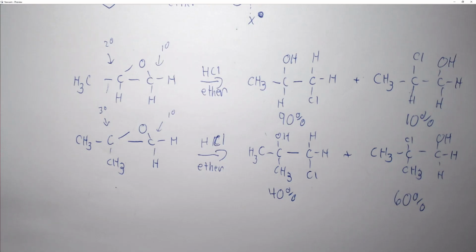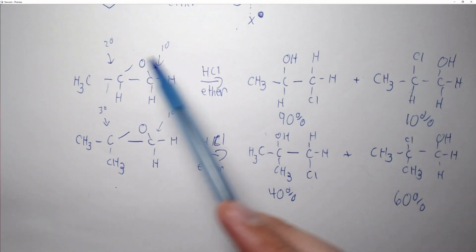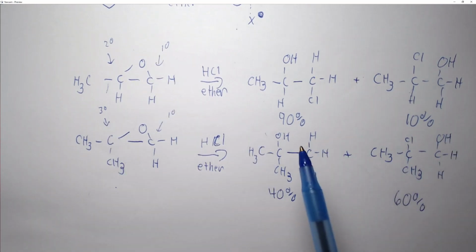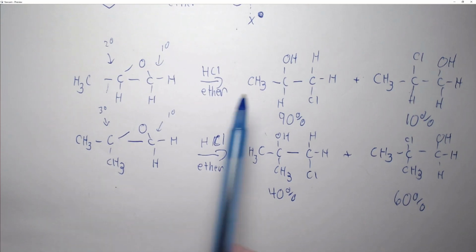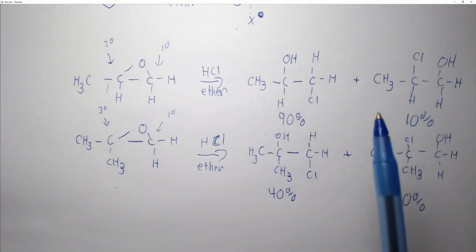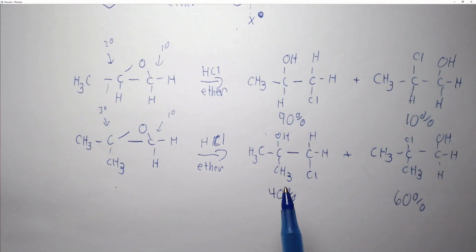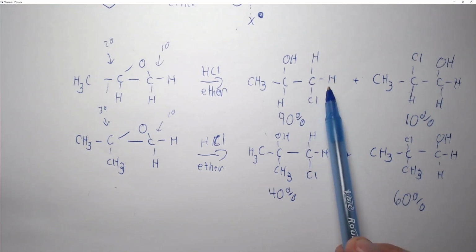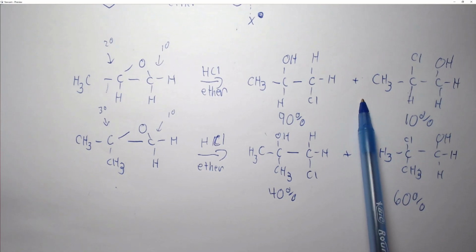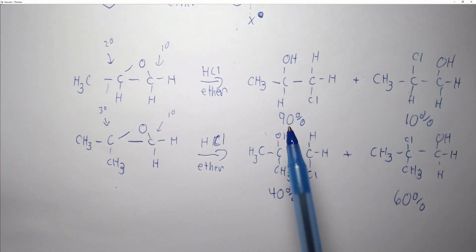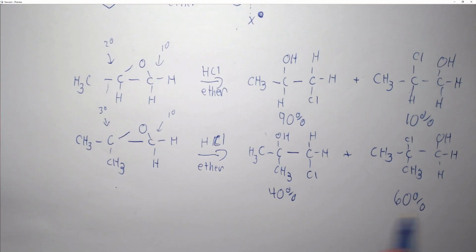So in the next step, what we want to look at is some other ways that we can use to open these epoxides. This is a bit complex and something to practice with, and not something that you super need to memorize. But the idea here is how scientists are trying to understand the mechanisms by doing different reactions and getting somewhat strange results, because this one clearly is pointing to an SN2 mechanism being favored, and this one is somewhere in between.